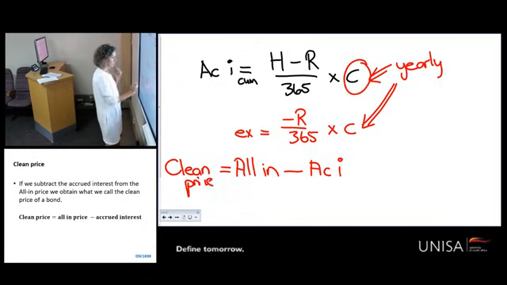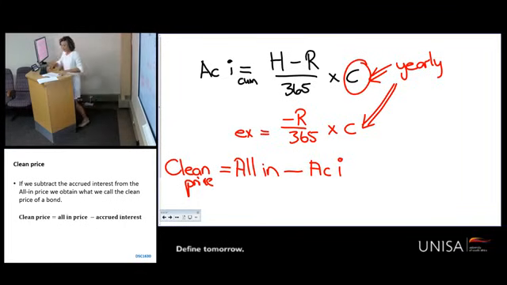So that gives us the clean price. It's just the all-in price that we calculated previously minus the accrued interest.